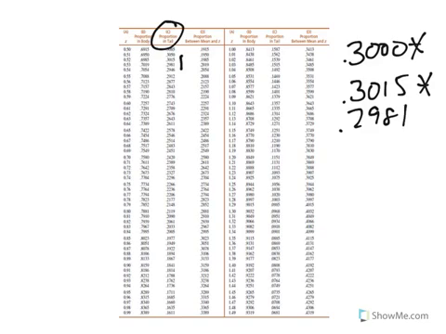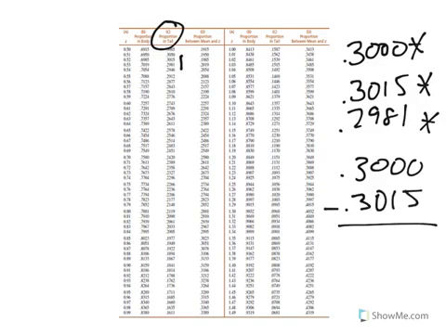And if you're not completely understanding why I would choose that one versus this one, we can take 0.3000 minus 0.3015, do the subtraction there, and then also 0.3000 minus 0.2981.